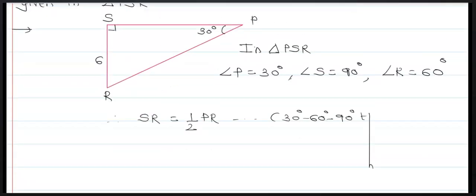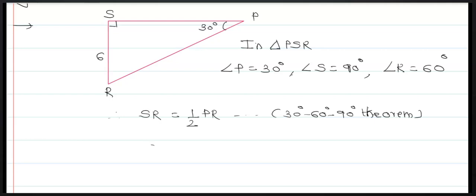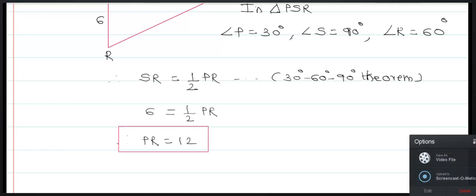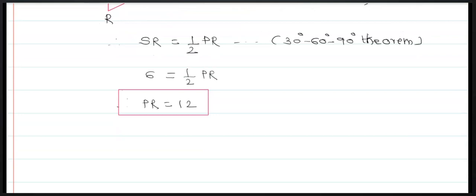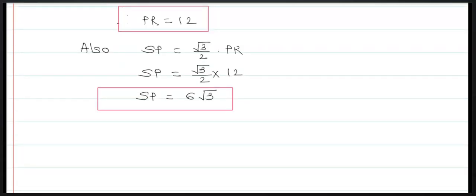These are the 30, 60, 90 degree angles. 6 is equal to 1 upon 2 PR, so PR is equal to 12. Also, SP is equal to root 3 upon 2 PR, that is the side opposite to 60 degrees. Therefore, SP is equal to 6 root 3.